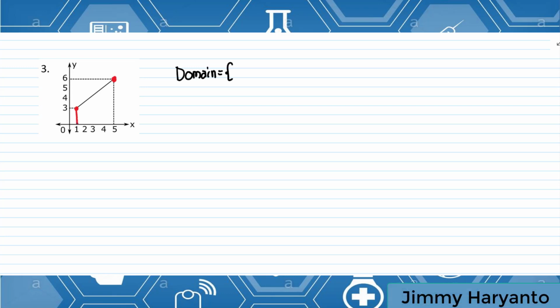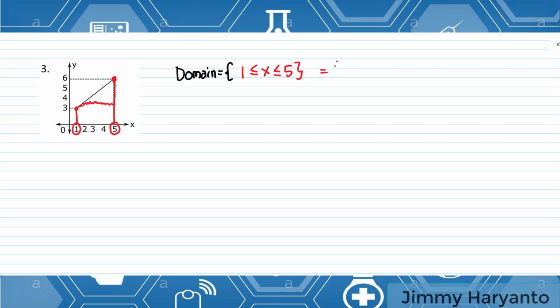It starts from x equals 1 and then ends at x equals 5. So the domain will be from 1 till 5. The domain is 1 less than or equal to x less than or equal to 5.